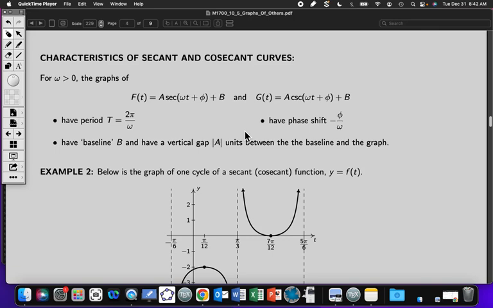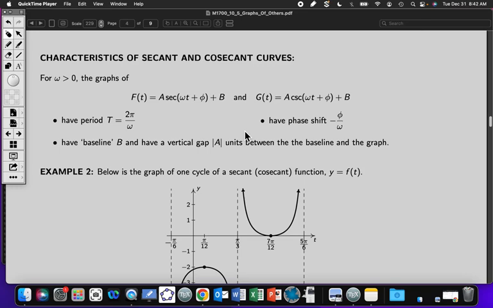Okay, so we can do with the secant and cosecant curves the same thing we did with the sine and cosine curves, and namely talk about these characteristics in general. So once again, these are represented in the same way we represented the cosine and sine curves. We assume omega is positive because of even odd properties, and all of these properties are inherited from the sine and cosine curves.